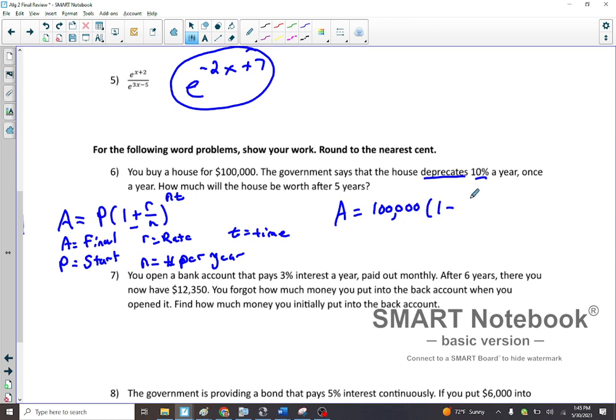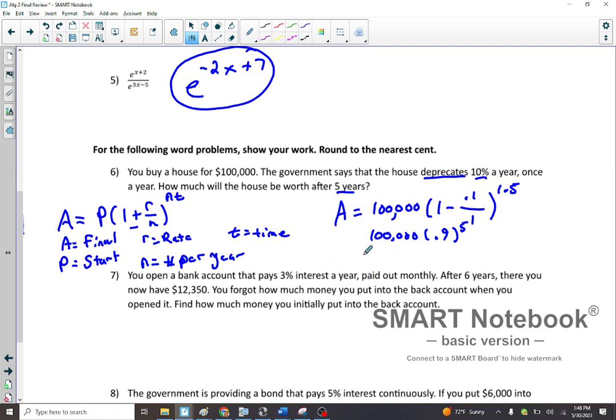So it's going to be minus 0.1, which is 10% as a decimal, over, since it only happened once a year, you just put a 1 underneath. So the power of 1 times 5 years, so times 5. Yes. So 100,000 times 0.9 to the 5th power.